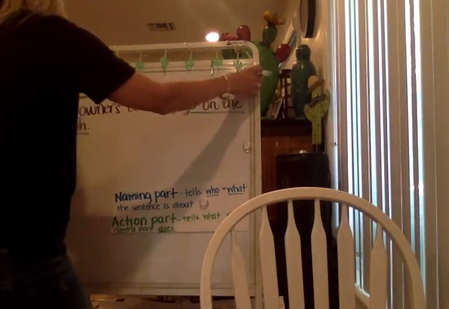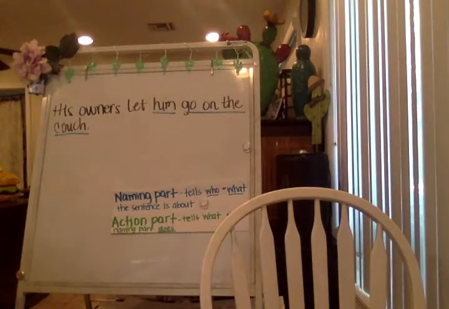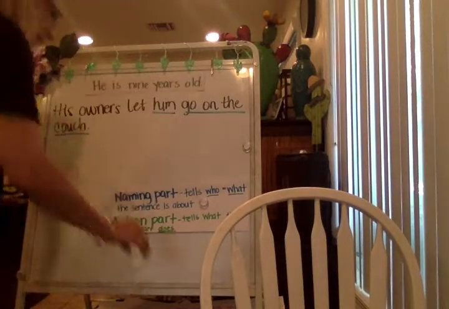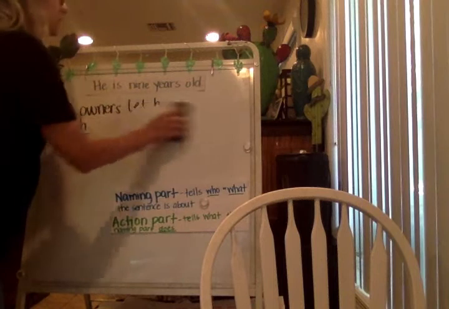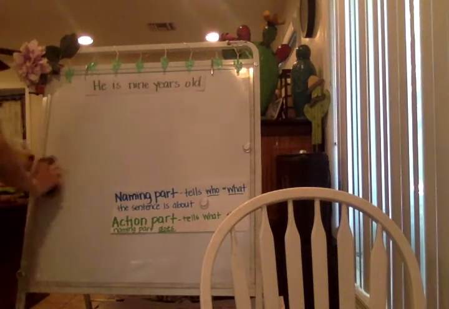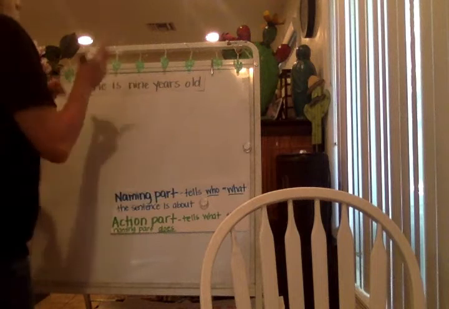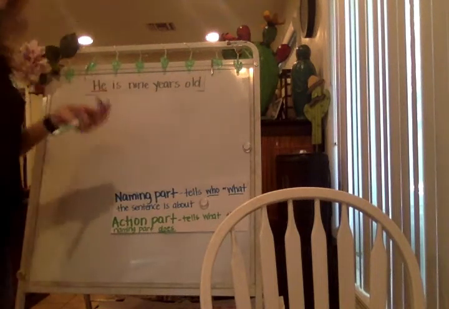Oh, how I got to hold in so many things. This next one. He is 9 years old. That one is a complete sentence. So he is the naming part. He, we know this is all referring to Petey.